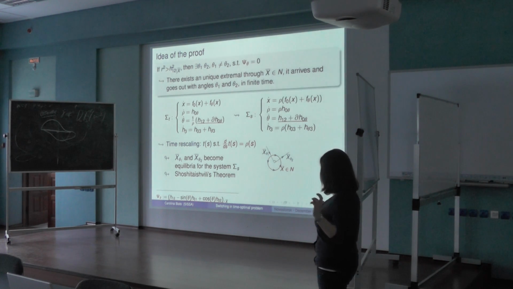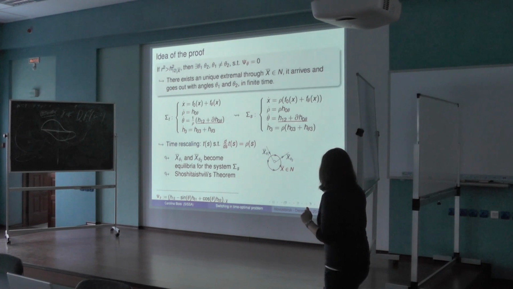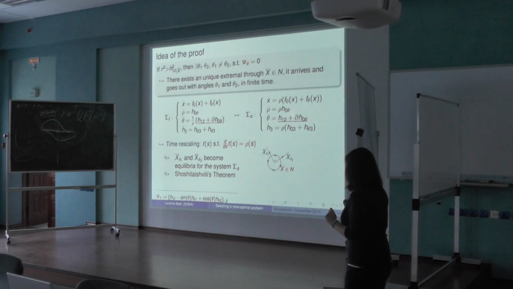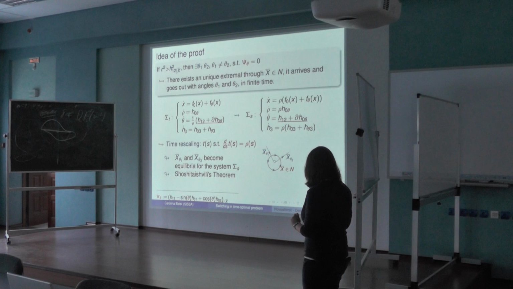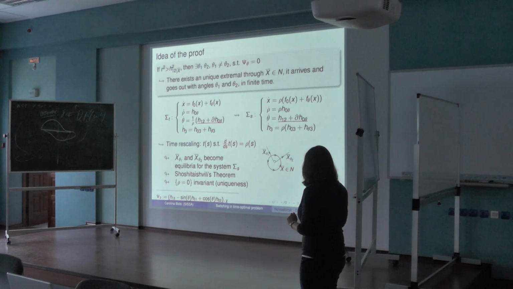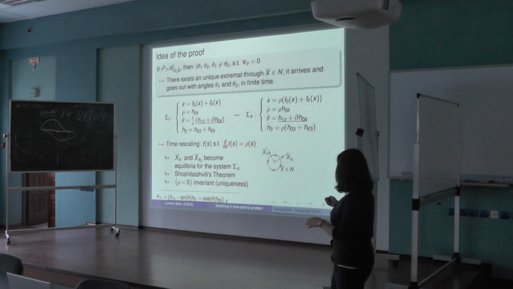Okay, and then we have a central part. So from calculating the eigenvalues of the Jacobian of this system, we have this behavior here. And indeed, we can see with the arrows that we come inside, we go, and then we come out with these 2 angles. Okay, so we found explicitly how it works. And the uniqueness of the extremal that goes inside comes from the fact that rho equals 0, the submanifold, is invariant for this flow.